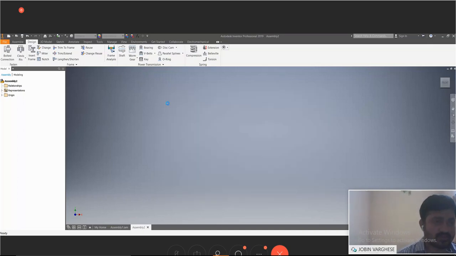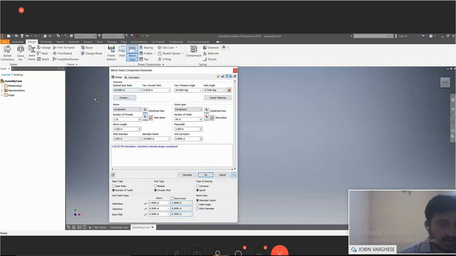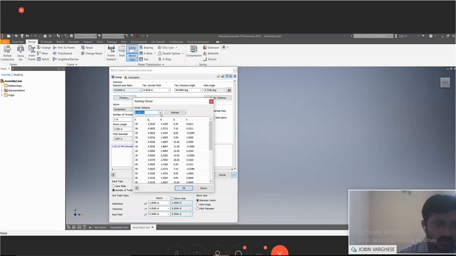When we take the worm gear, you can see the design part here, which has many components. As I said, you can change the center distance or choose the center distance. And there is a calculation part here. I'm not showing how it's doing it, because that should be a different session. You can work out all the things on this if you require.